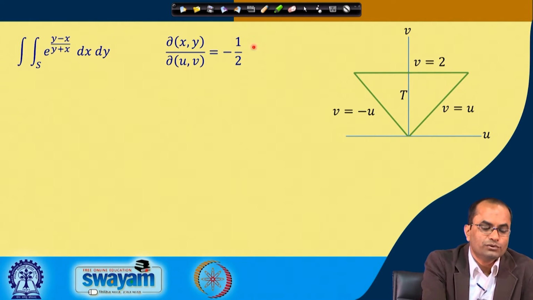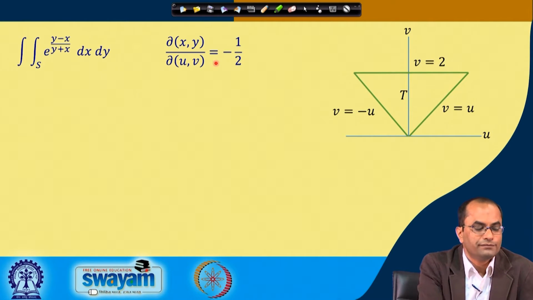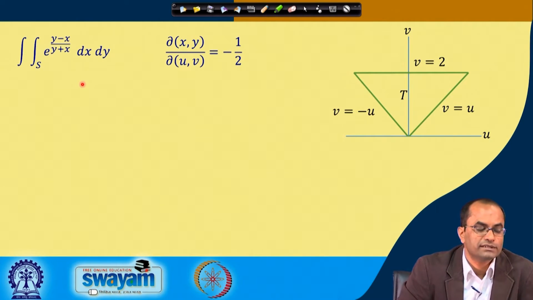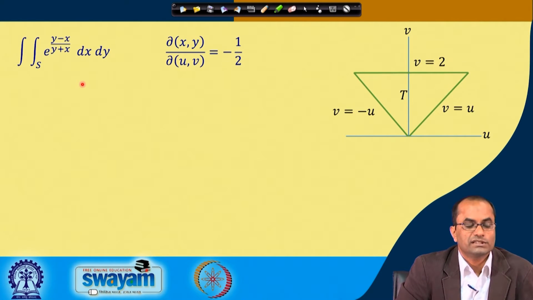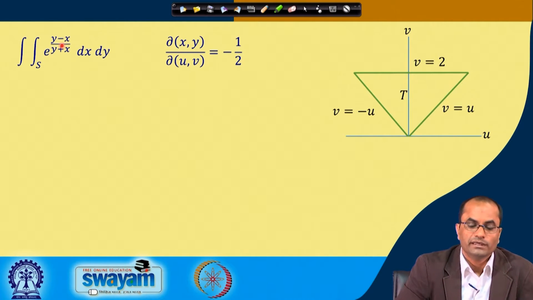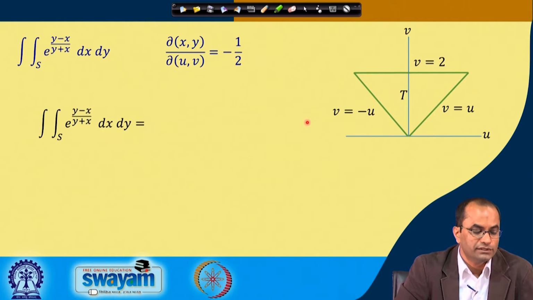Remember the Jacobian was minus half, and we are going to compute this integral e power (y minus x) over (y plus x) dx dy, and our substitution was y minus x is u and y plus x is v, and this is the new domain given in terms of v and u.